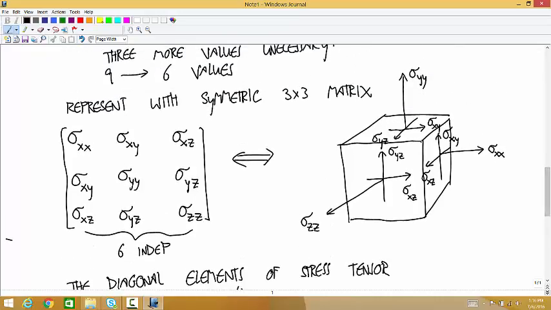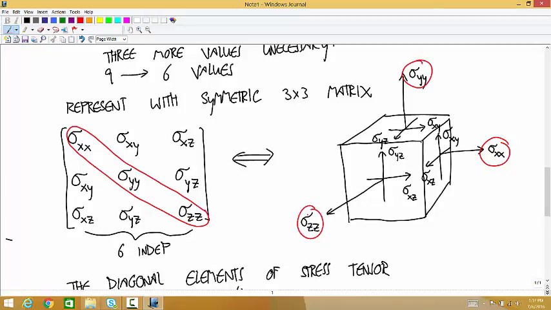Okay, so these are the diagonals. And where they show up on this stress element are the components that are perpendicular to the faces. That's why they're called the normal stresses, XX, YY, and ZZ.